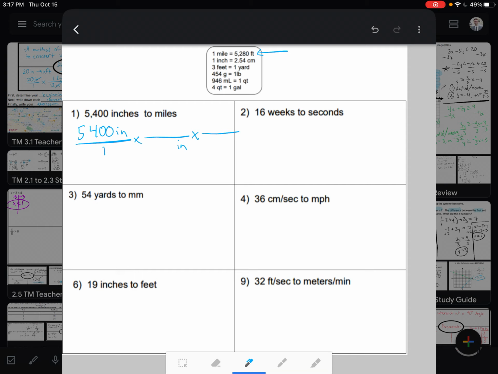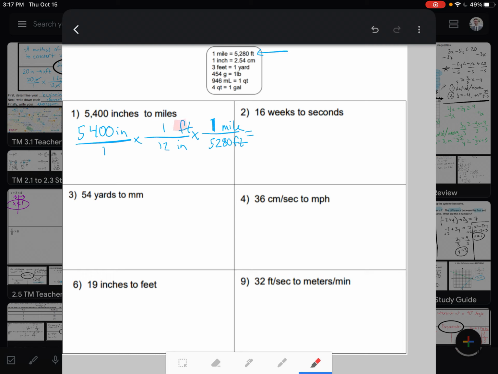Because eventually we need to get to this factor over here that has 1 mile on the top. So filling in the blanks, getting to that goal of 1 mile, we have to have 5,280 feet on the bottom. And if there's a foot on the bottom, in order to cancel that foot out, we need to have that on top. So we can use that to fill in the rest of our conversions here.